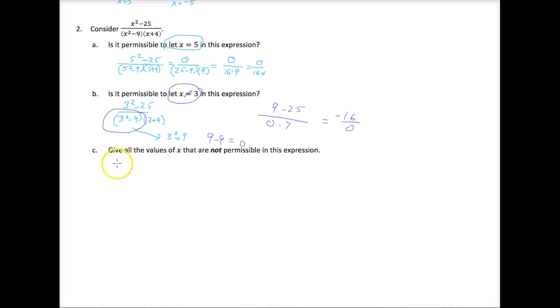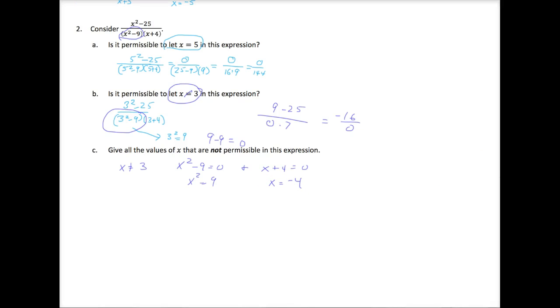Give all the values of x that are not permissible. Well, we've already found one. We already know x can't be 3. We got that because we looked at x squared minus 9. But the squared tells us there could be another one hidden. So we need to think about what x squared minus 9 equals 0 means, and what x plus 4 equals 0 means. Here we get x squared equals 9, and x equals negative 4.